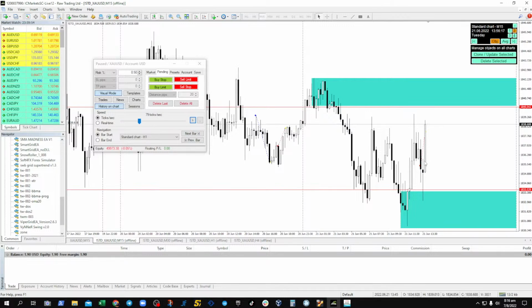So this would have been a good buy trade by itself, but we missed it. This will be 30 pips, and now, okay, it's almost 30 pips.